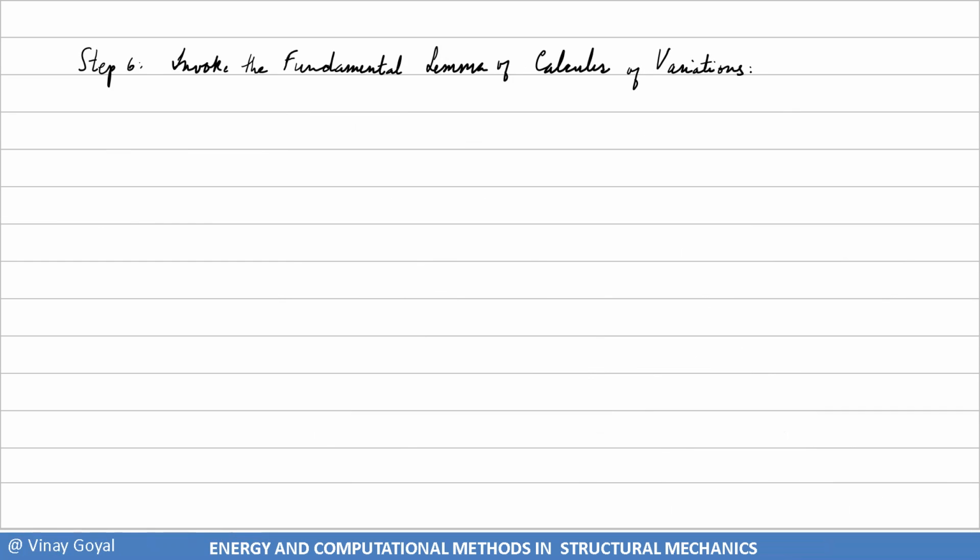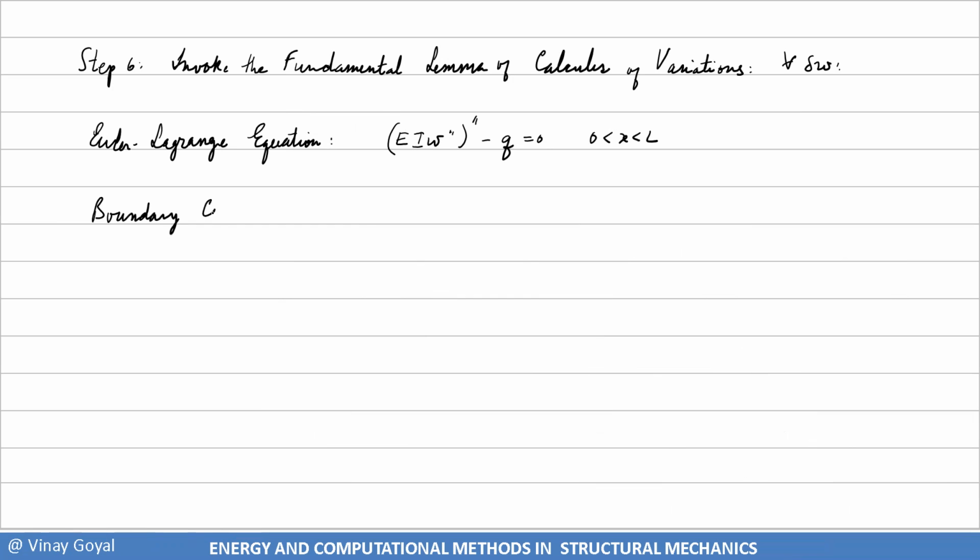And if I do that for any del w, the Euler-Lagrange equation is EI w double prime double prime minus q equals 0 between 0 and L. And the boundary conditions at x equals 0 are as follows.